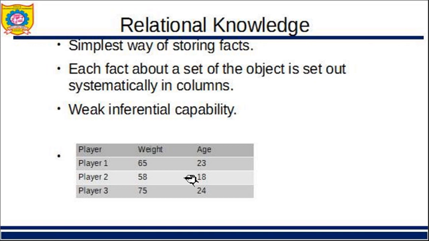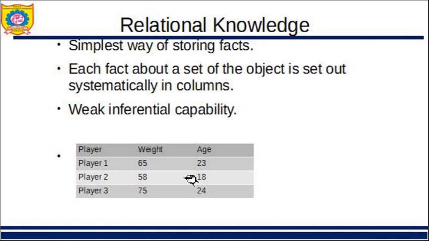But if I write procedures for finding the heaviest player, like the heaviest player is nothing but go for the max of weight, return the max of weight, then the fact will enable the procedure to compute the answer. If I write a procedure and give this table as an input to that procedure, I'll surely get who is the heaviest player.